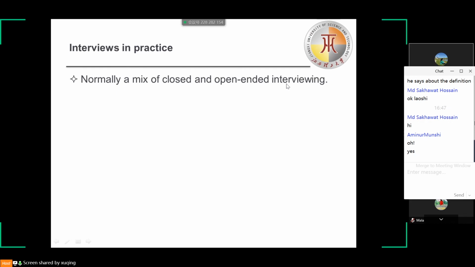Completely open-ended discussions rarely work well, so we usually have to ask some questions to get started, and then we need to keep the interview focused on the system to be developed.